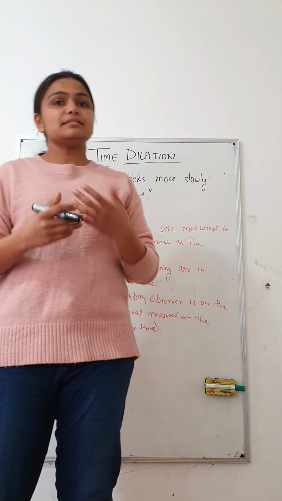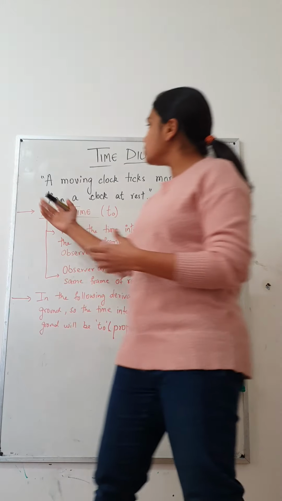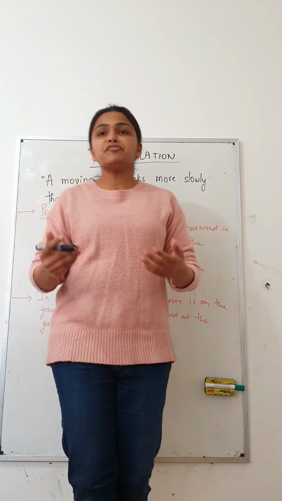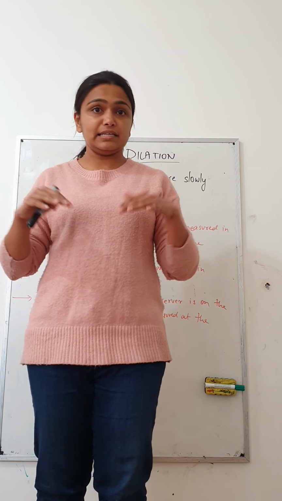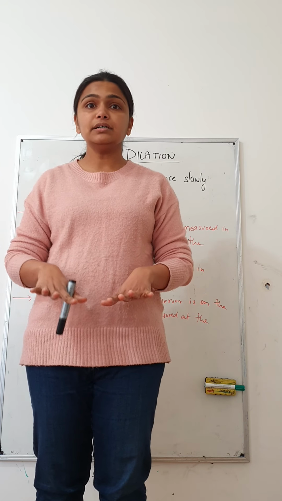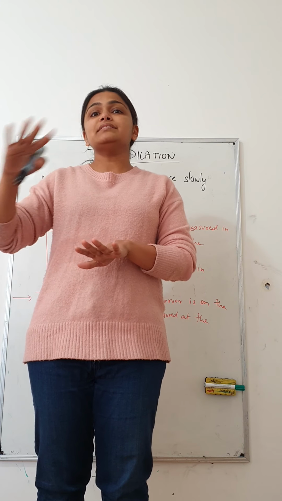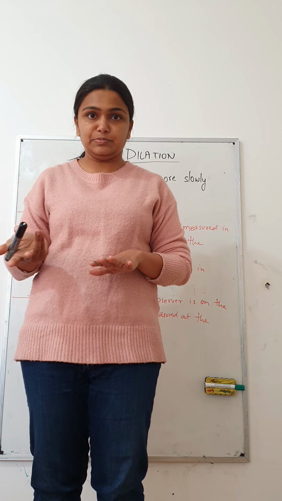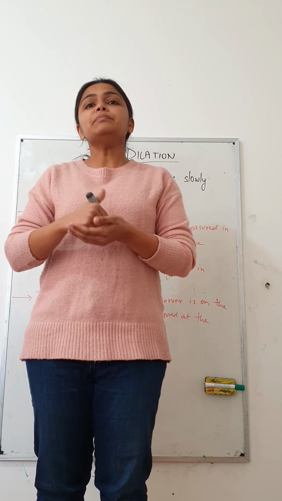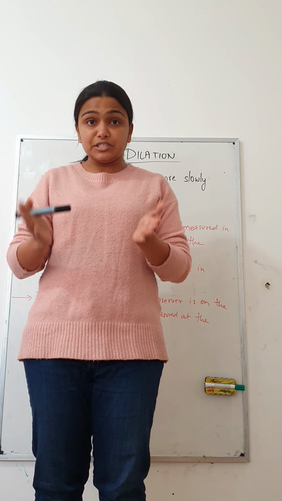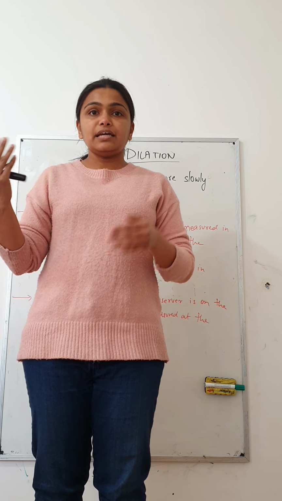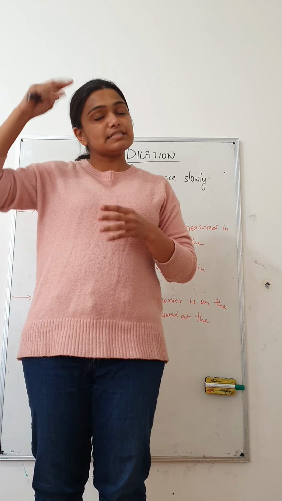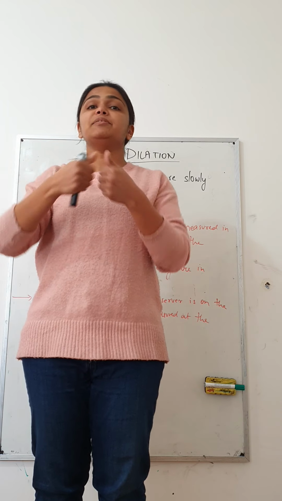Time dilation says that a moving clock ticks more slowly than a clock at rest. So if two events are happening simultaneously on Earth, on the ground, and those events are also happening on a spacecraft traveling at a very high speed, then it will be noted that the time interval measured between the two events is quicker on Earth, whereas the time measured for the same events in the spacecraft is dilated.